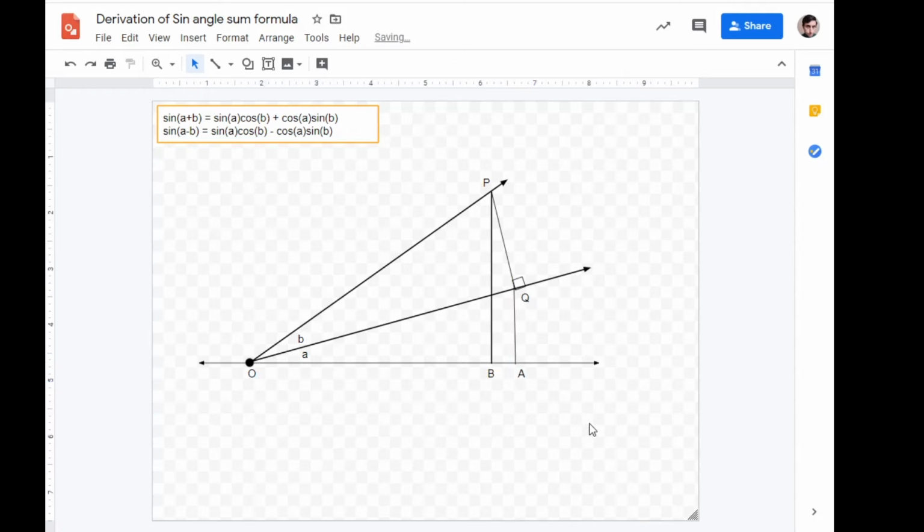Okay, almost done building. We just need one more line. So we're going to draw a line from point Q right across, like this. Okay, and this point right here, let's see if I can zoom in.